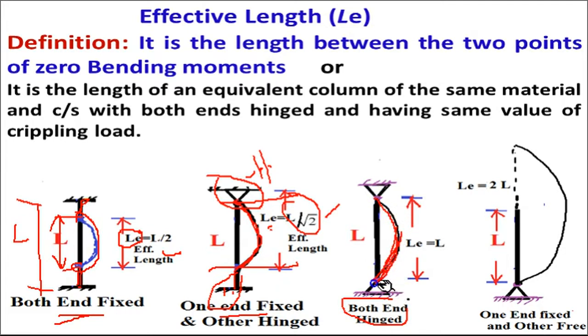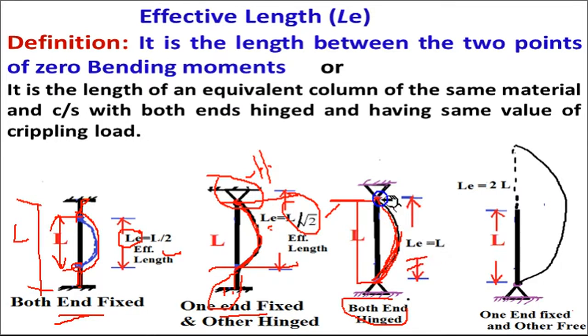Now, when both the ends of the column are hinged, buckling will start from the zero bending moment point, because at the hinged end bending moment is 0 but slope is not 0. So this length you have to consider, and that is nothing but the actual L. Means when both ends of the column are hinged, effective length LE is L itself. Why L itself?